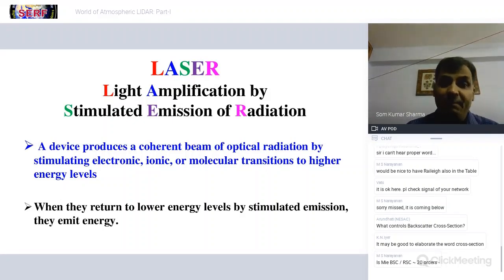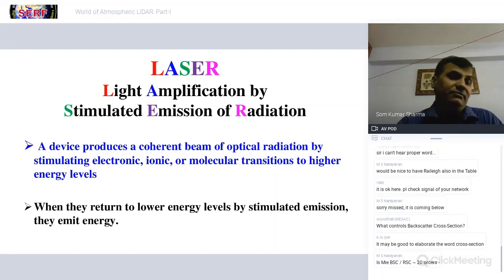So radiation is required, light is required, and it is being amplified, and stimulated emission of radiation is coming out. So please remember, the laser is a very major part of the LIDAR.